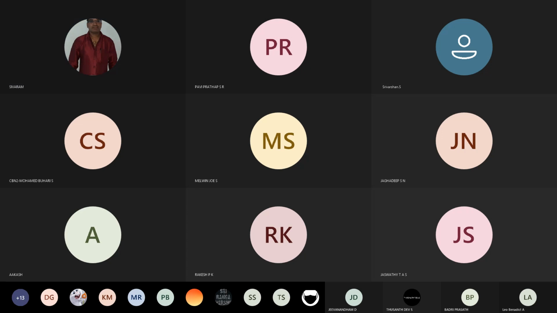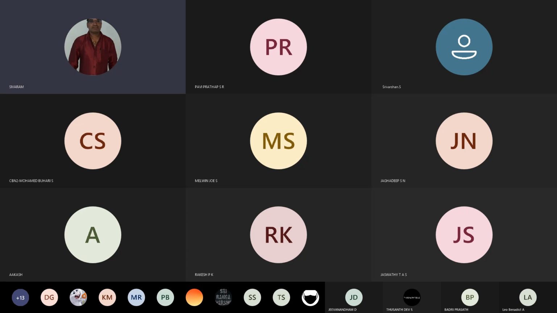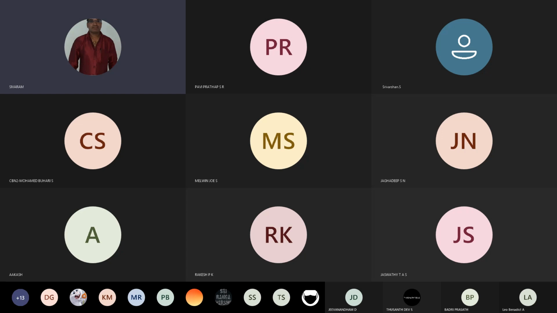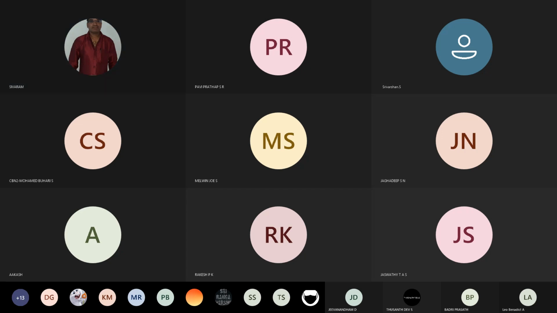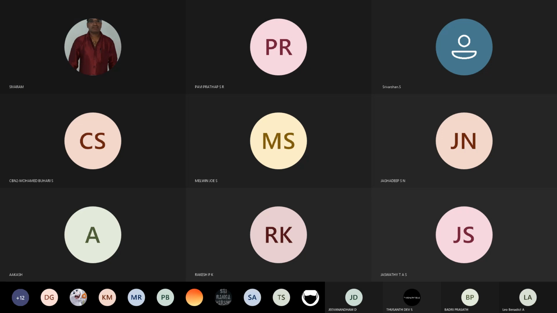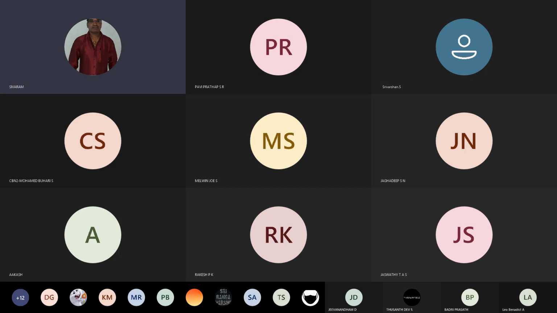Later the zygote develops into the embryo, and the primary endosperm nucleus develops into endosperm, and the ovules mature to form seeds, and the ovary matures to form fruit. That is what happens during sexual reproduction in flowering plants.